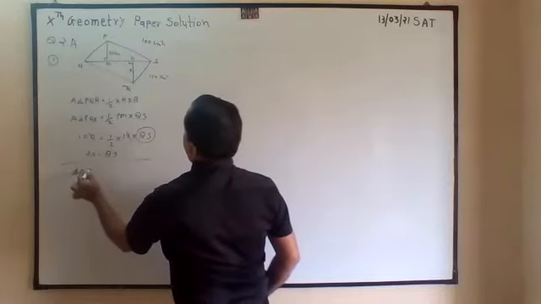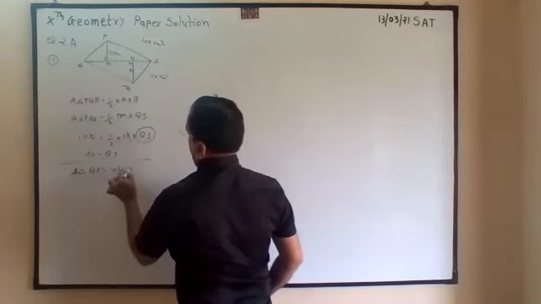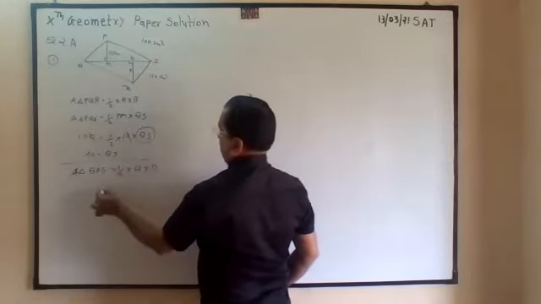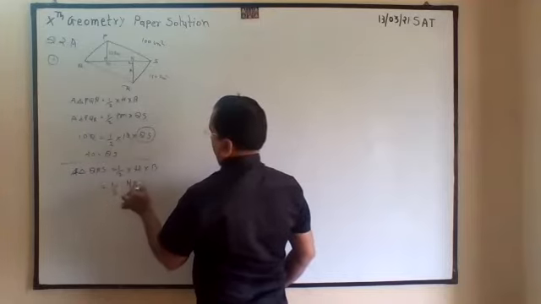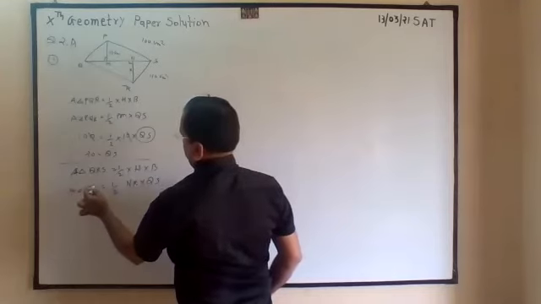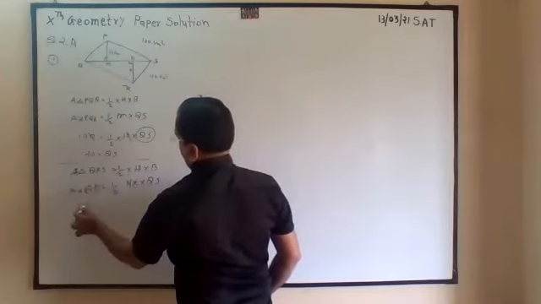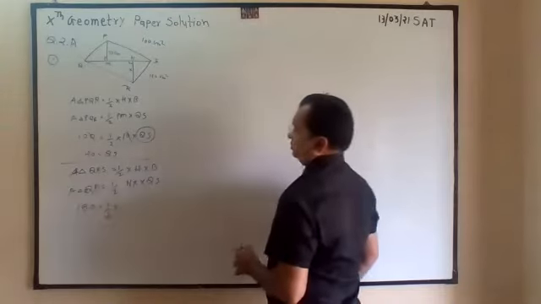Now we will use QS. Area of triangle QRS is equal to half into height into base. What is height? NR. What is base? QS. Area of triangle QRS is given as 150.